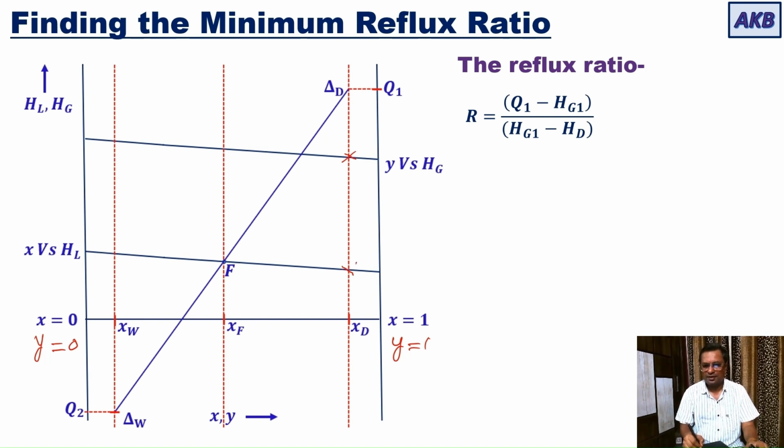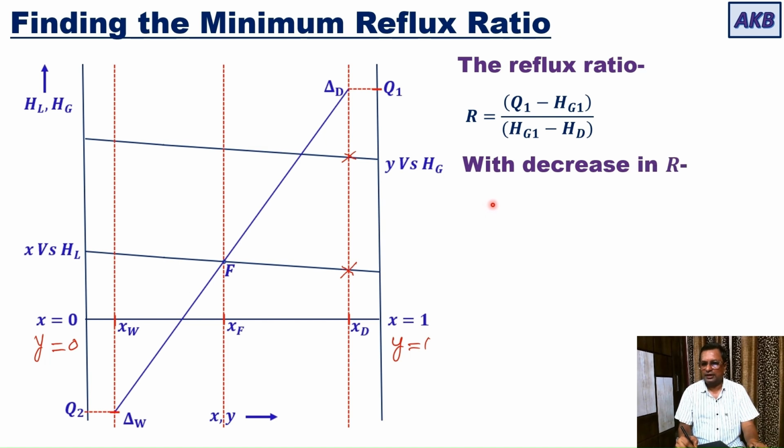So you can get Hg1 and Hd from these two points. I hope this is clear to you. For this point, you go to the y-axis and read the value of enthalpy, that will be Hg1. Then for this point, you go to the y-axis and read the y coordinate, that will be Hd. And then you can use those values to get the reflux ratio.